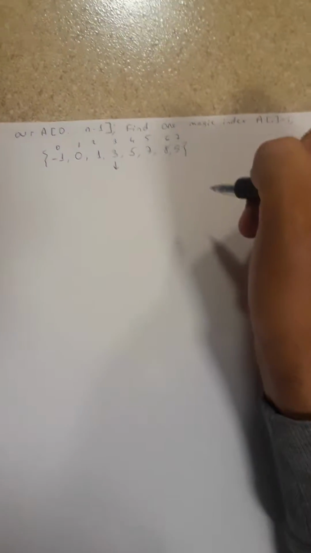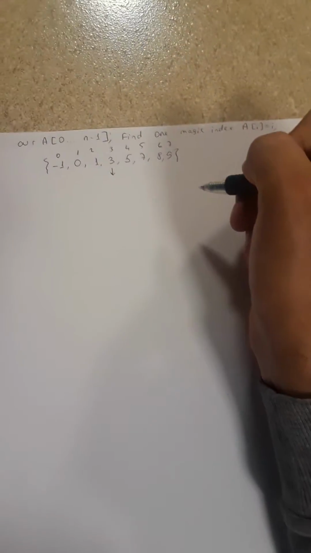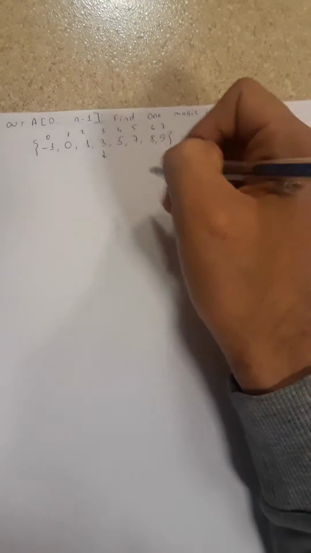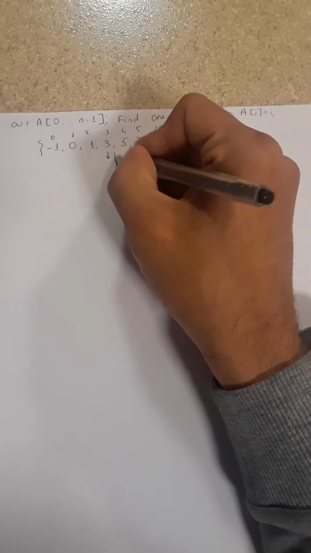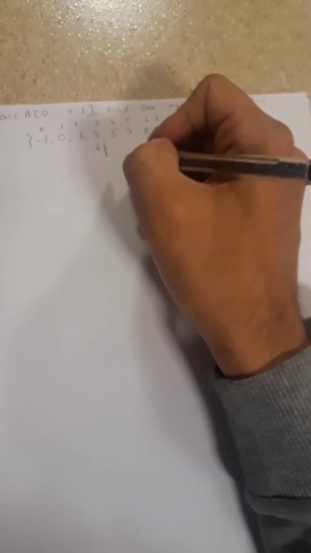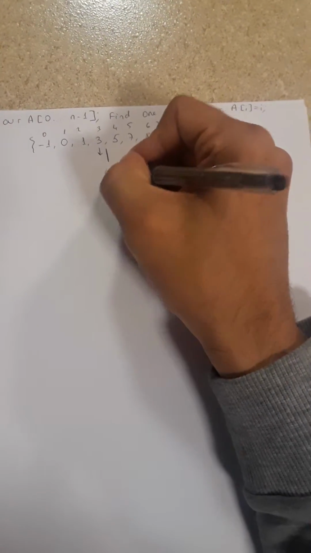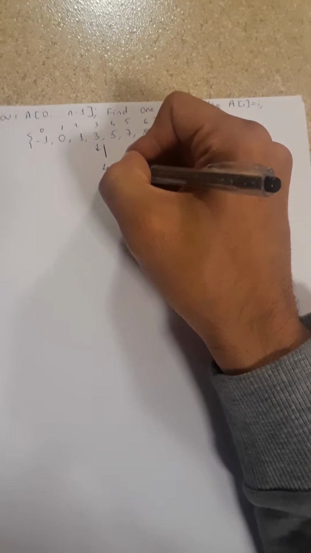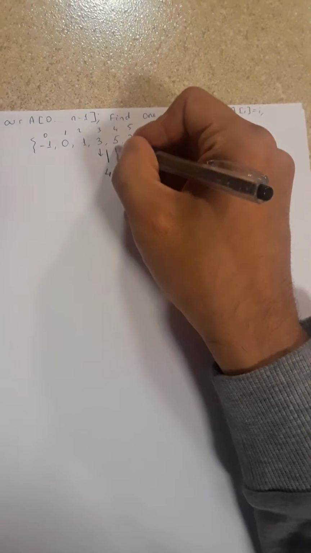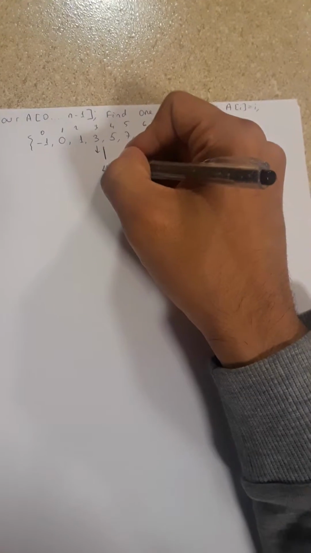Binary search means that we can always divide our search space by half. For example, we have 8 elements in the array. We divide it by 2, which makes it 4, and we check if the fourth element is equal to the index value.